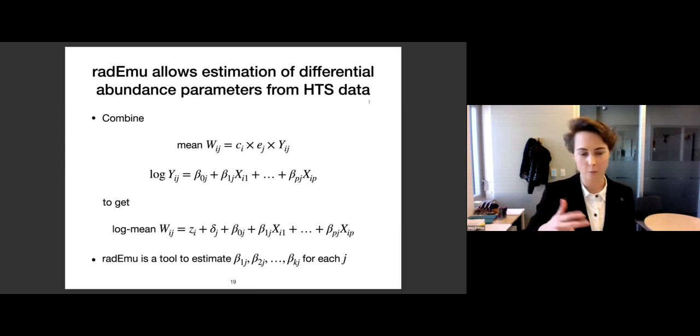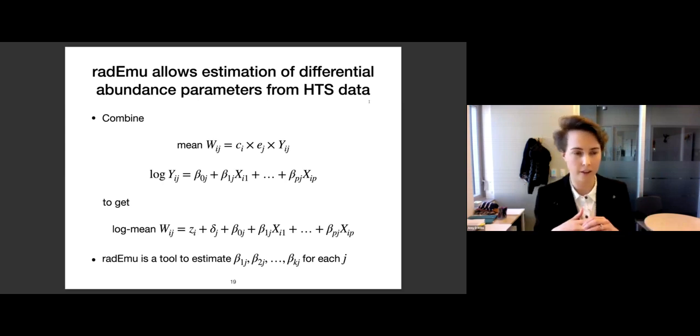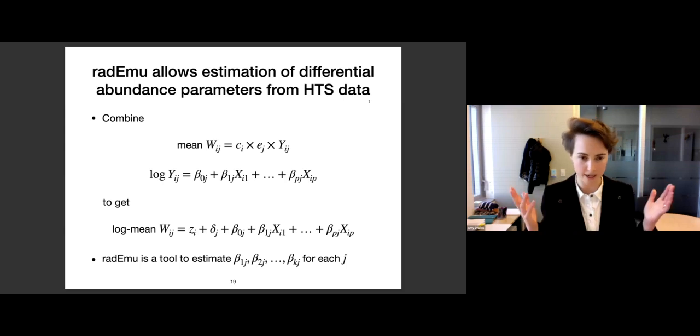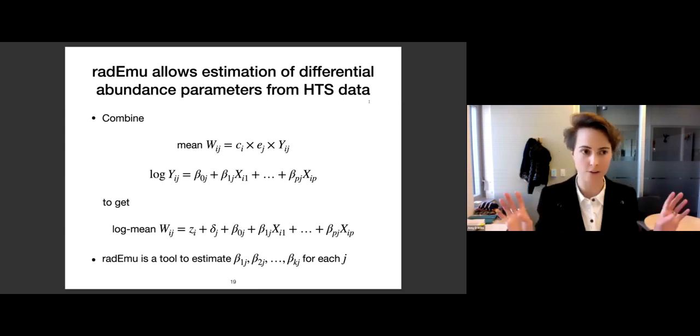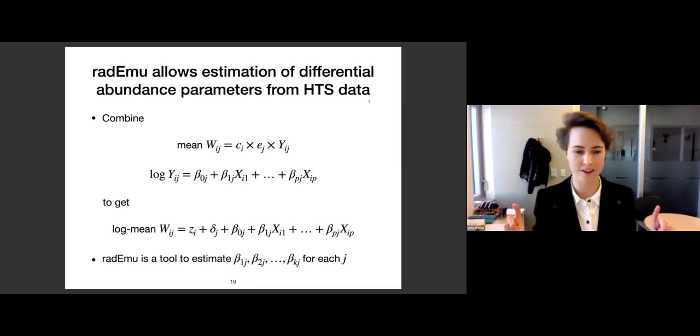And then the other thing that we have is that we're interested in the log mean of these microbial abundances as this regression function that depends on only my environmental data.